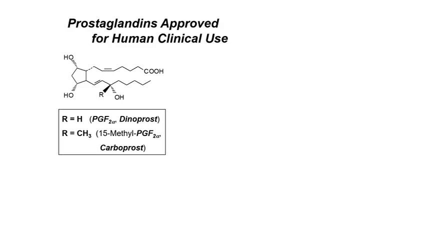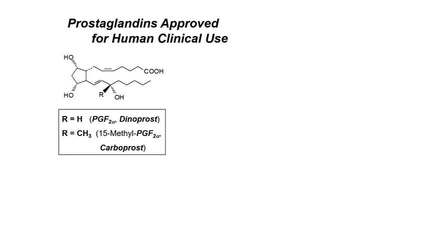Please have a look at this R at position 15. That is substituting the same position where the alpha OH is present. If this R is an H, this is dinoprost, the prototype. If it is methylated, this will be carboprost, having a methyl function.